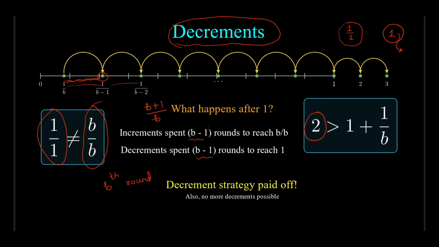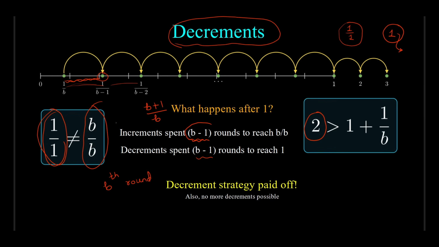So you can conclude that if you had money to spend b minus 1 rounds, then instead of reaching b upon b, it would have been a wise choice to reach 1 upon 1, because it costs the same, but then it gives you the greater payout after reaching 1, right?